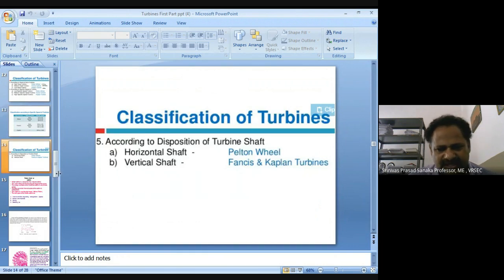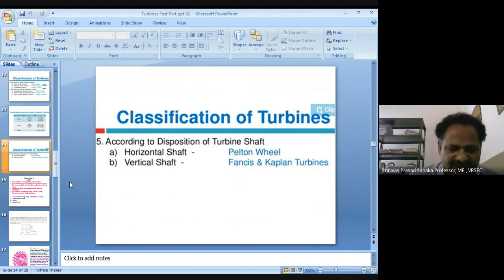Next classification is based on the disposition of turbine shaft. The turbines are classified into horizontal axis turbine and vertical axis turbine.